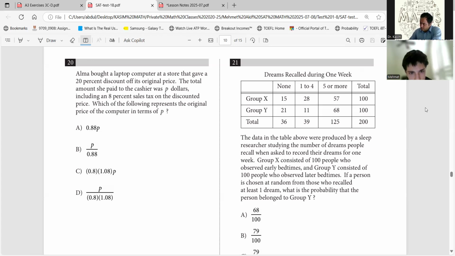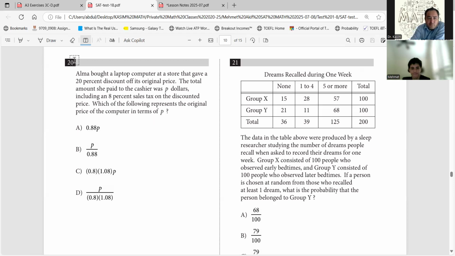C. C. Why C? That just looks the most like the right one. But did you solve this in your notebook? How would you solve this question?